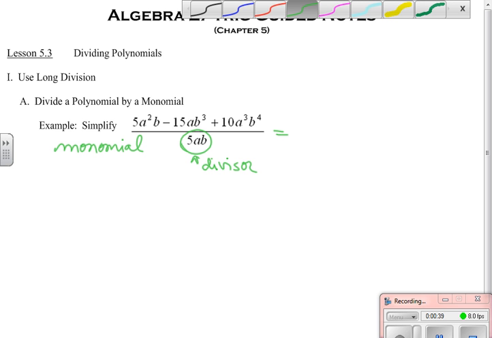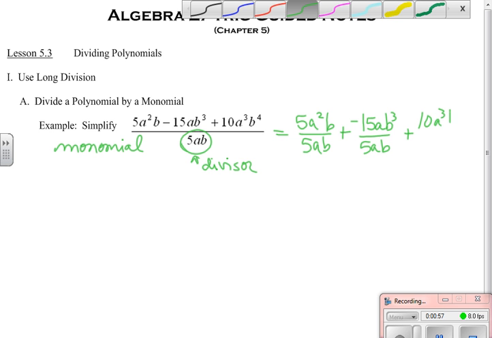I can split this fraction up into 3 parts. So this fraction really can be rewritten as this, where I'm saying that that 5ab is going to go into each of the 3 parts.